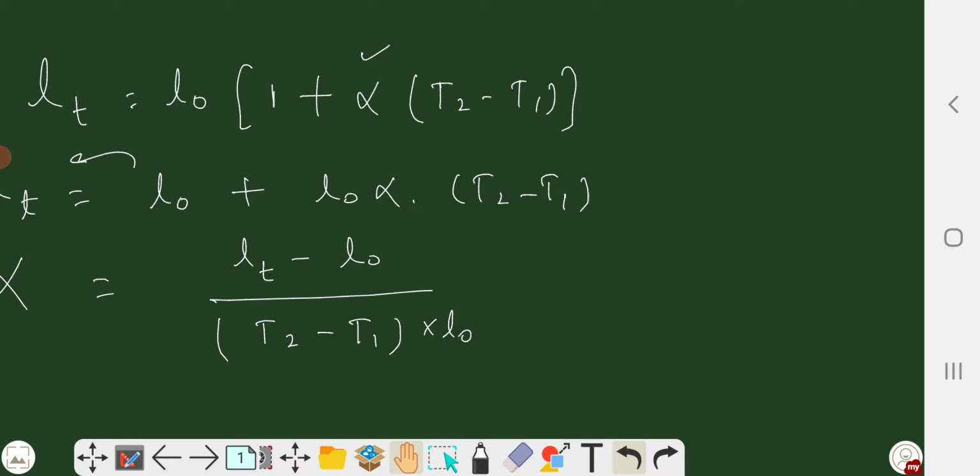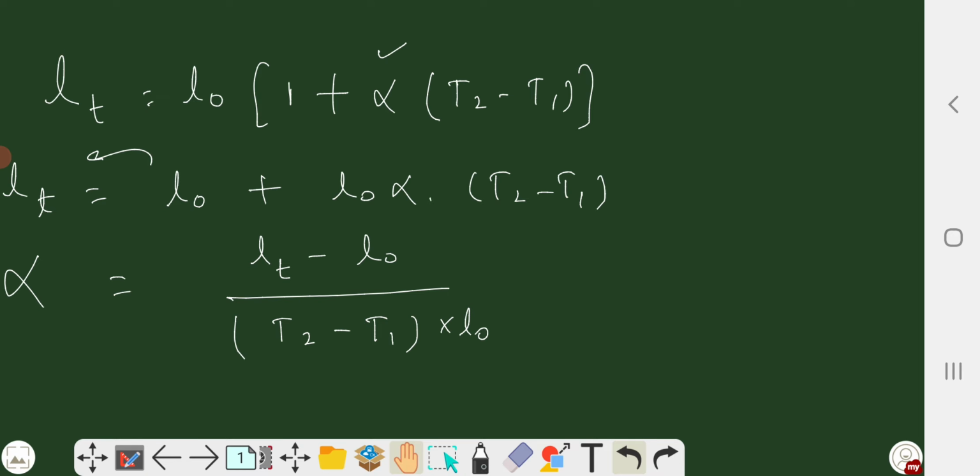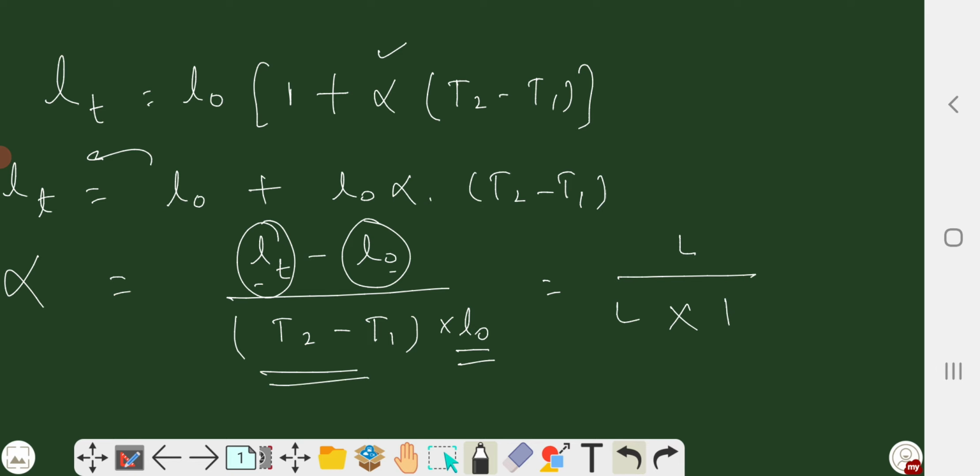L_T minus L naught, this is distance, this is also distance, length, so length minus length will be length, and downside L naught, length, and T2 minus T1 is a kind of temperature, Kelvin. So Kelvin minus 1 would be the answer for the B part, because L and L are cancelled here.